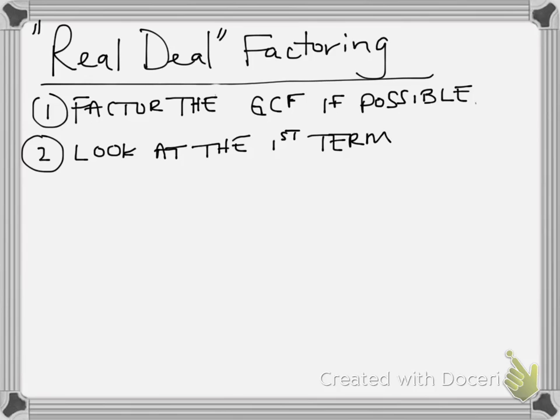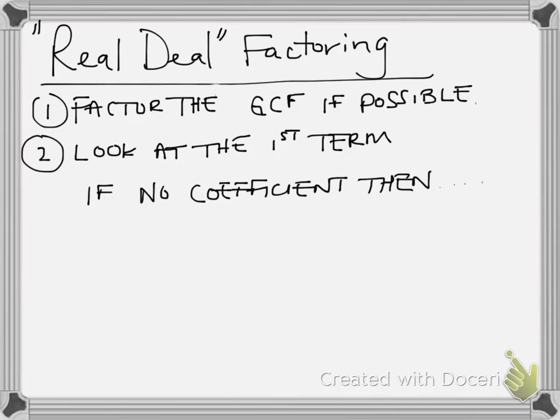So look at the first term, and if no coefficients, then, and this is where we're going to add some more steps. If there's no coefficient on that first term, then you're going to drop down and create two sets of parentheses.